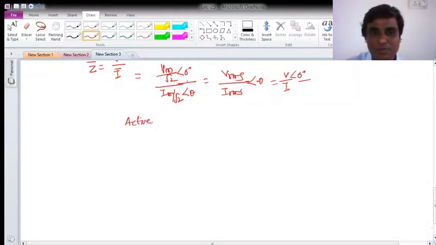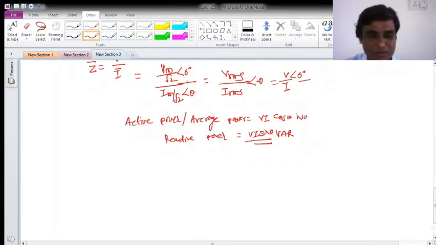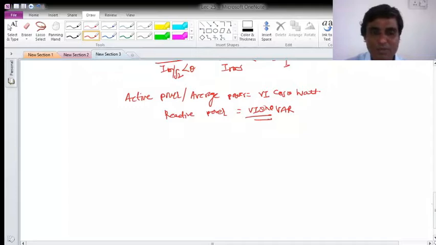Active power or average power was VI cos theta, and reactive power, that is oscillating power, is VI sin theta, which is in VAR, and this is in watt.